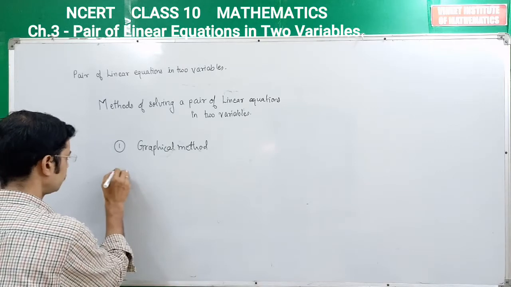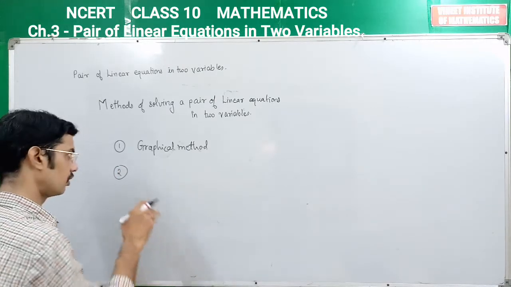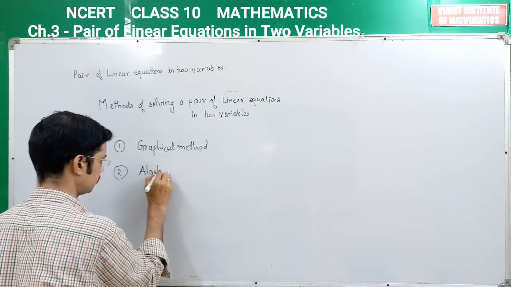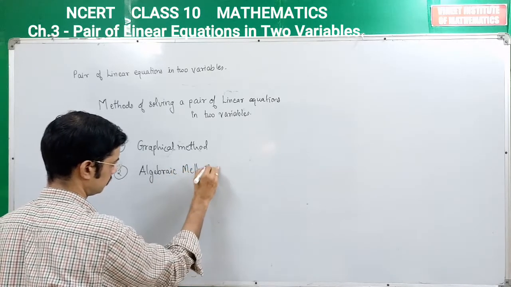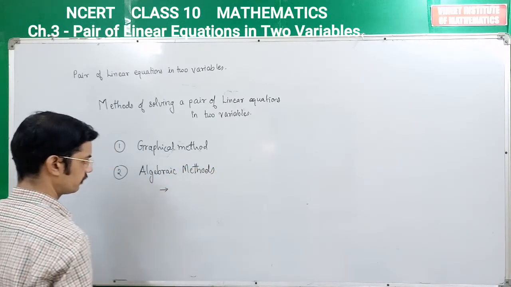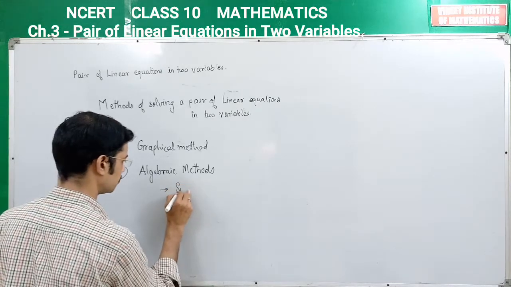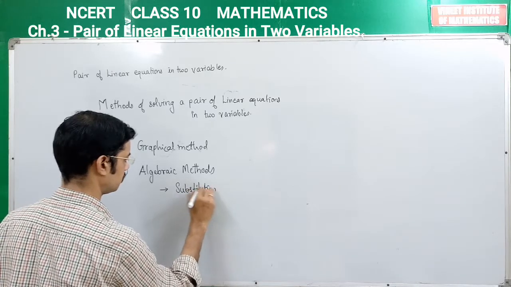Okay, the second set of methods, there are many different methods, are together called algebraic methods. The first method is called the method of substitution, or substitution method.